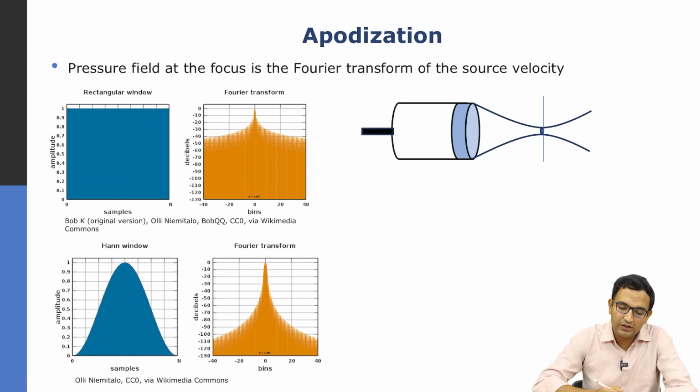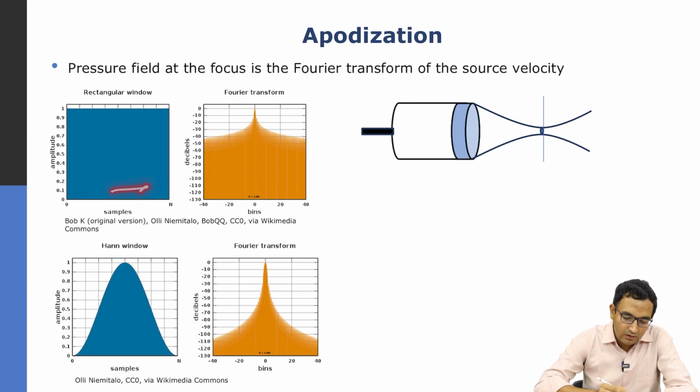Here is an example. Here is a transducer and this is the focal plane, and at this point I want to look at the profile, so I am taking this cut. Here I am showing a circular piston, but I think it would be more appropriate to consider a rectangular transducer in the context of this example.